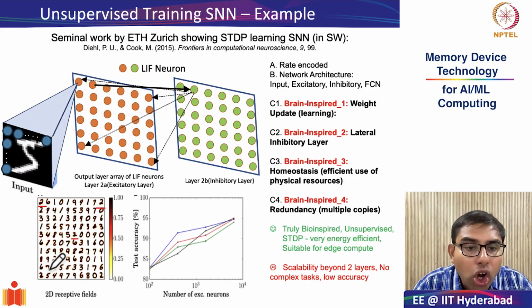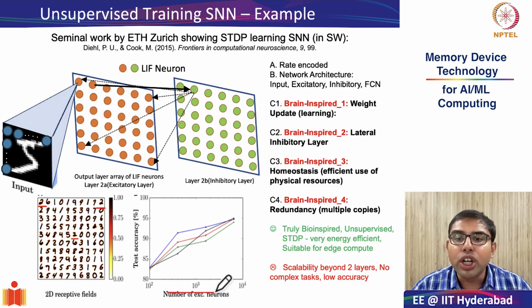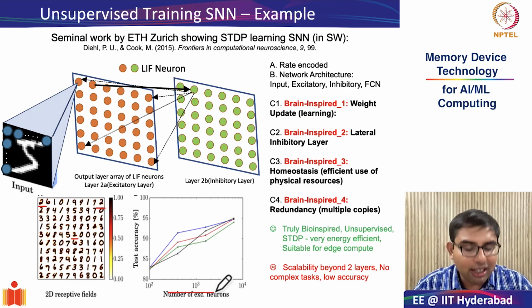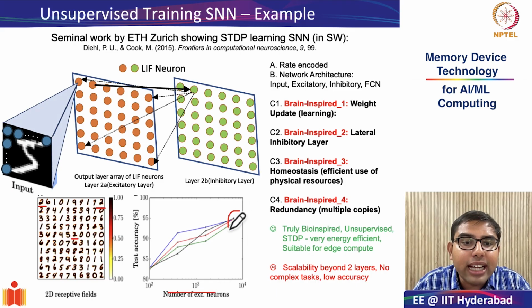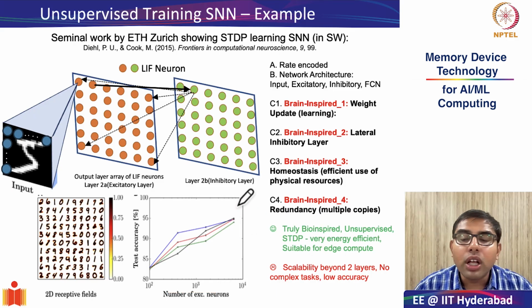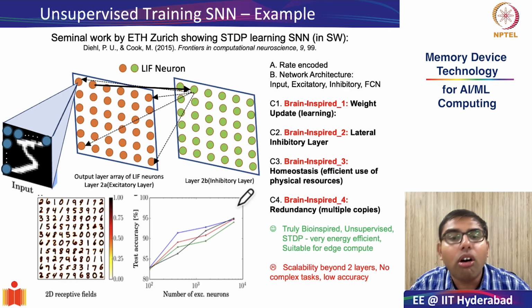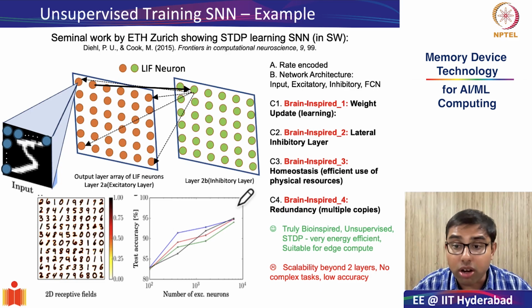And the results on this graph show that as we increase the number of excitatory neurons, of course, the amount of weights in the system is also increasing, the complexity is also increasing, the accuracy steadily improves to almost 95% when you have the highest number of neurons, which is 80 cross 80 or 6,400 neurons.